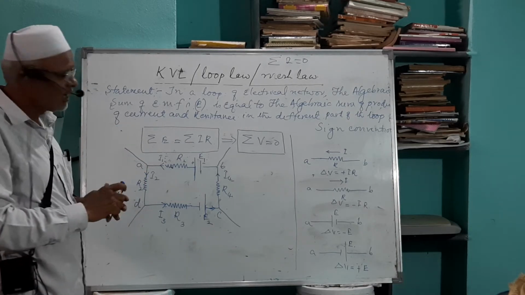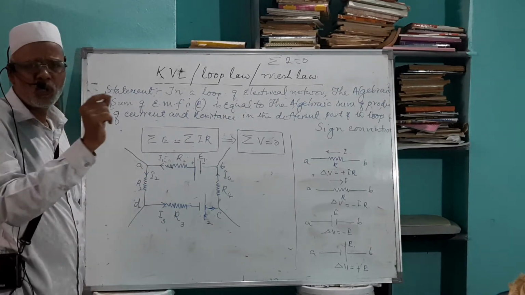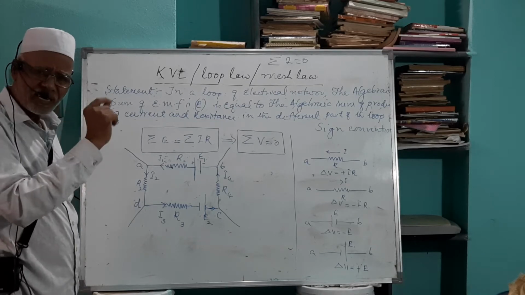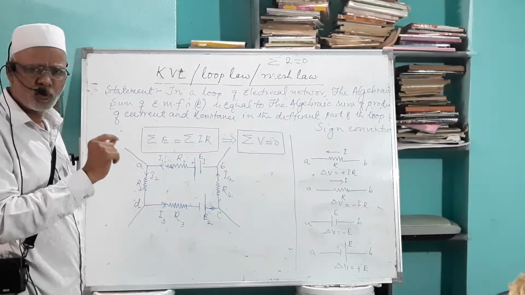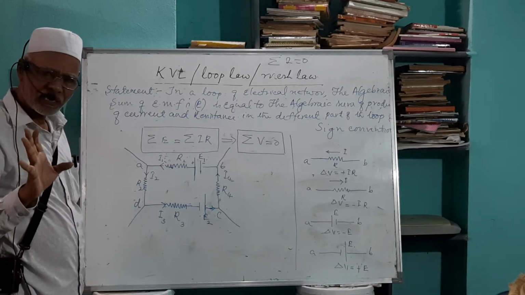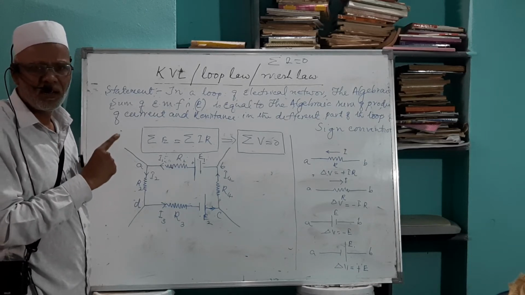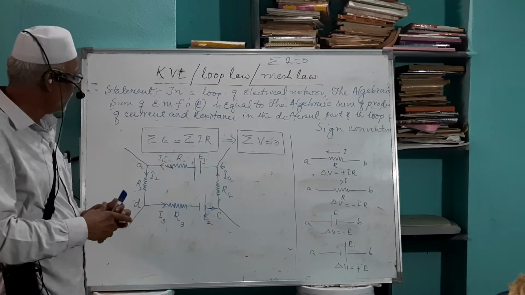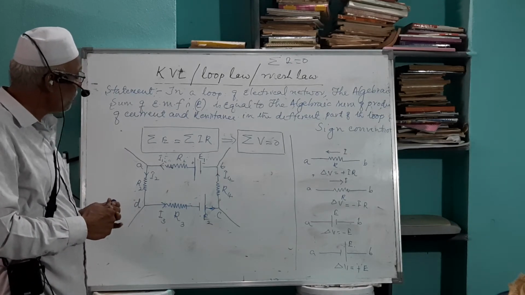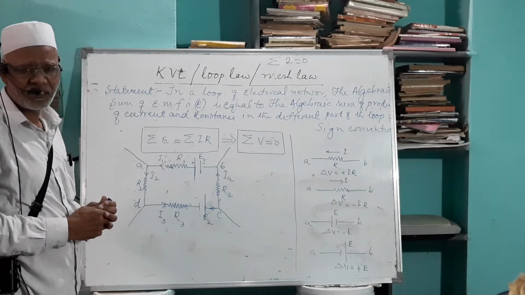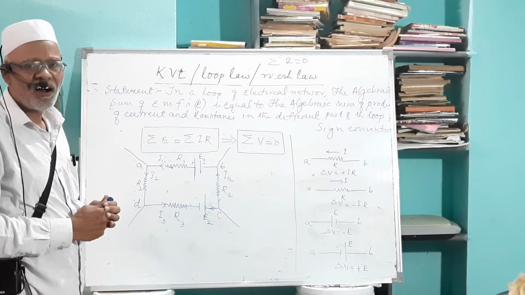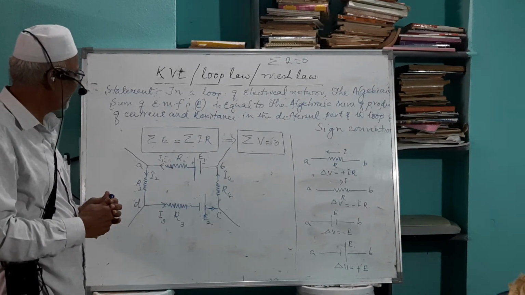So the first step is that you have to show the direction of current in the different branches of the closed loop. There are 4 branches. In each branch, the direction of current is shown by the arrowhead. Now the second step: you can rotate this mesh either in the clockwise direction or in the anti-clockwise direction.